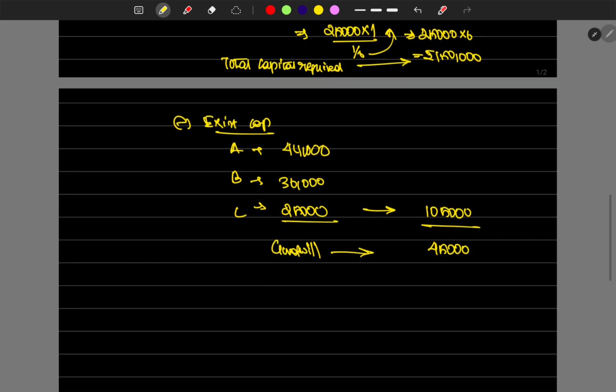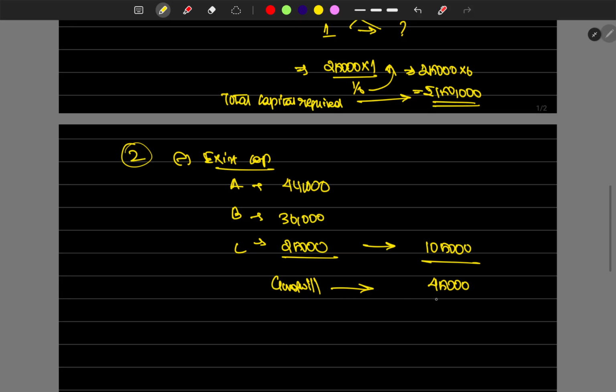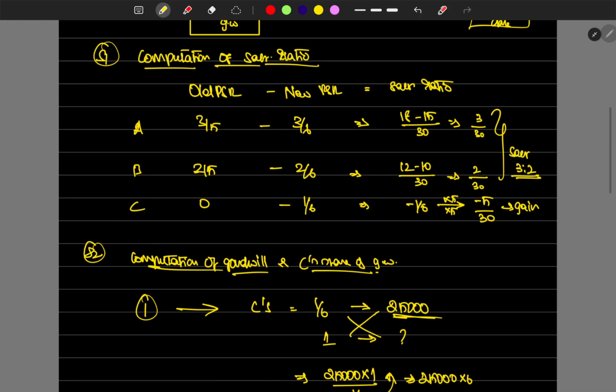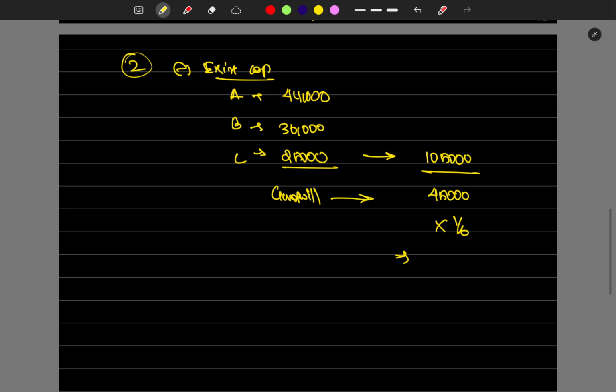We found that. So we found out the total capital required by keeping C's capital as the base. Then we found that the existing capital is only 1,05,000. So the remaining is the goodwill, right? So what's the share of goodwill taken by C, which is 1 by 6 of 45,000, divided by 6, which is 7,500.